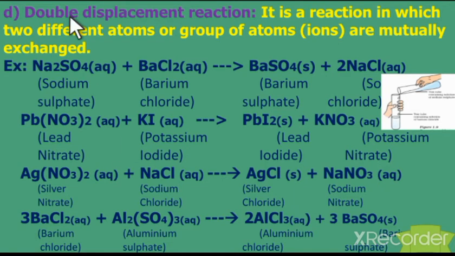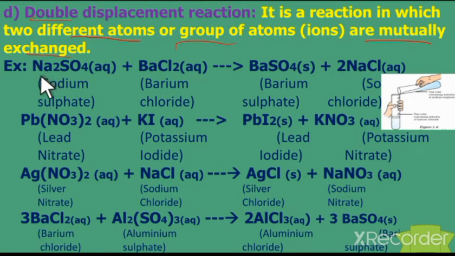Next, the fourth type of chemical reaction, which is double displacement reaction. It is a reaction in which two different atoms or groups of atoms, which may be ions, are mutually exchanged to form new substances. Those reactions come under double displacement reactions.